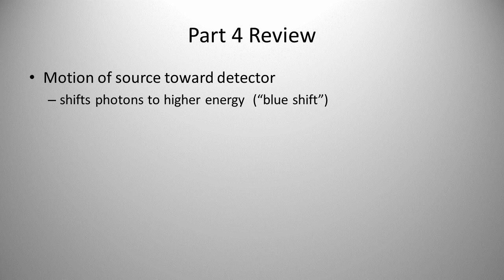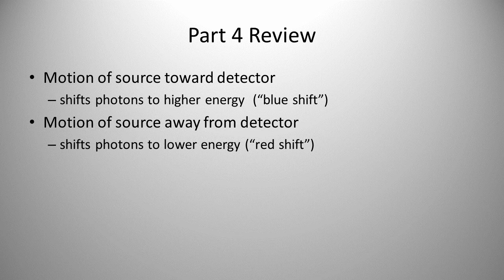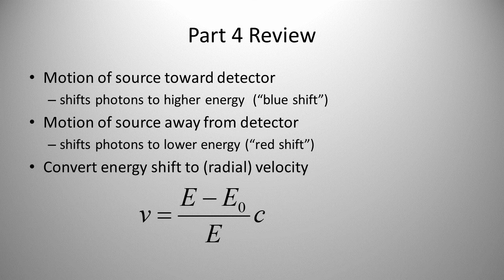So let's recap this Doppler shift business. The motion of a source towards a detector shifts the photons to higher energy. Astronomers call this blue shift. The motion of a source away from a detector shifts the photons to lower energy. Astronomers call this red shift. There is an equation so that we can convert the energy shift into a radial velocity.